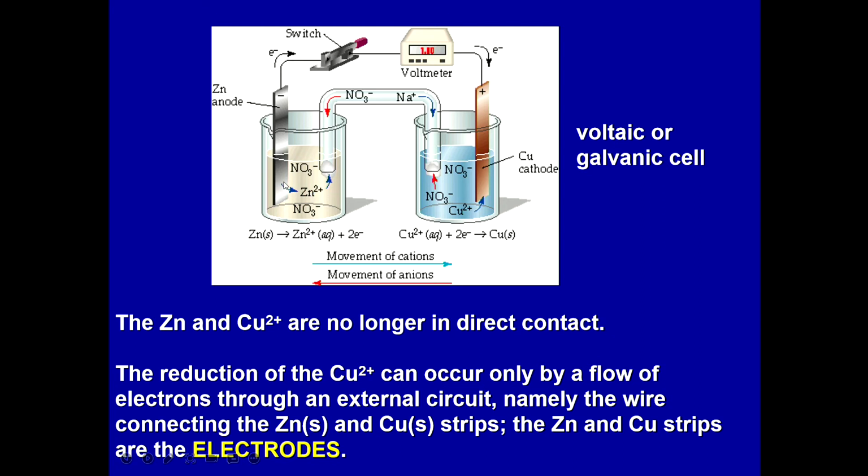These electrons will not go into the solution; they will go through the wire to the other side, where the copper cation will get the electrons and become copper deposited on the surface of the copper bar.